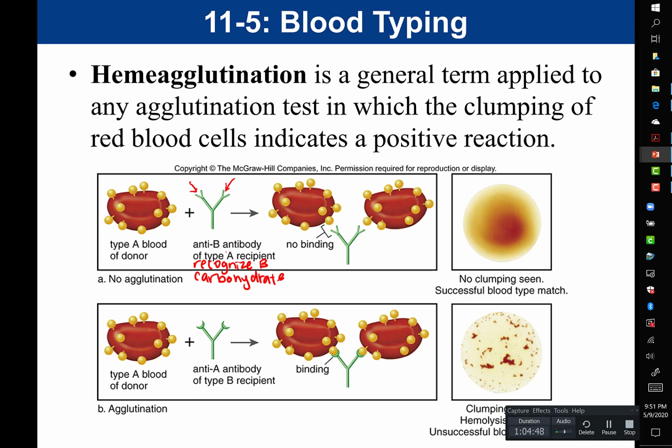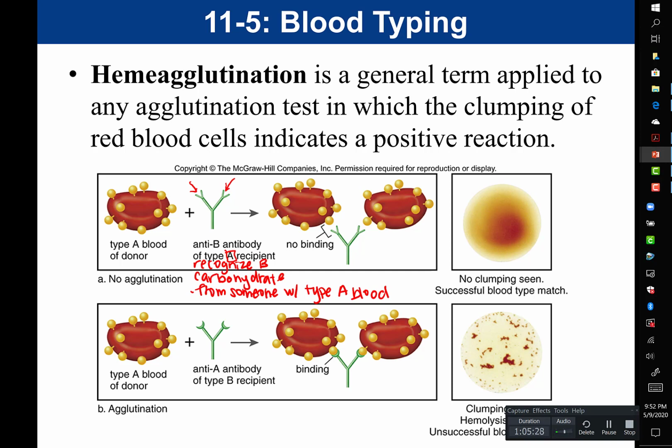And that is, it would be found in somebody who is type A. So we get this anti-B antiserum or these anti-B antibodies from somebody who is type A blood. Because remember that if somebody is type A blood, they don't make anti-A antibodies because A would be seen as self, but they would make anti-B antibodies.